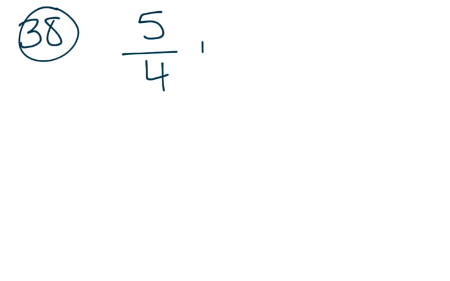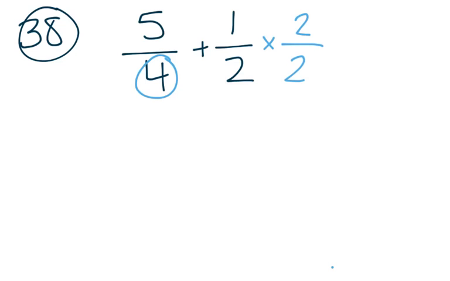And number 38, you have 5/4 plus 1/2. You could use 8 here because 4 times 2 is 8, but I'm going to go ahead and just use 4 because I know I can multiply by 2 to get to 4. So that means I don't have to change this fraction here.